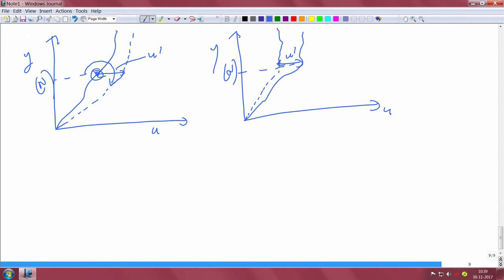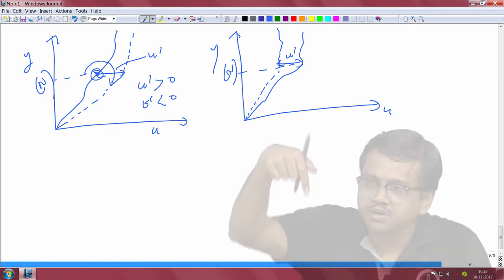Now, as it does it, the interesting thing that happens is that when your u prime is positive, if you look at the boundary layer profile, it shifts downwards, right. So, your v prime becomes negative because you have shifted your boundary layer downward.